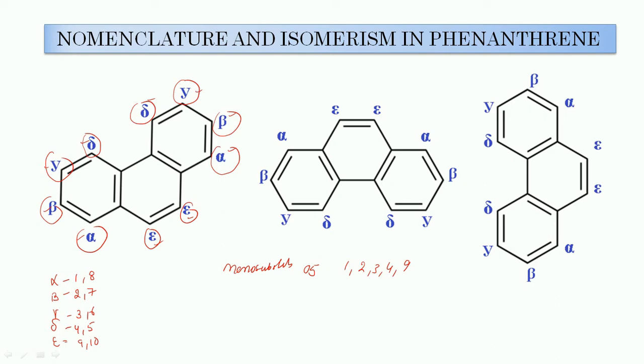And if disubstitution occurs, then it will form about 25 disubstituted isomers. So it is all about the possibilities of isomerism in phenanthrene and its nomenclature.